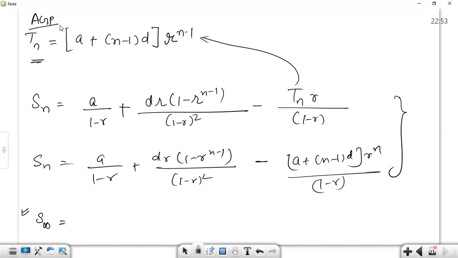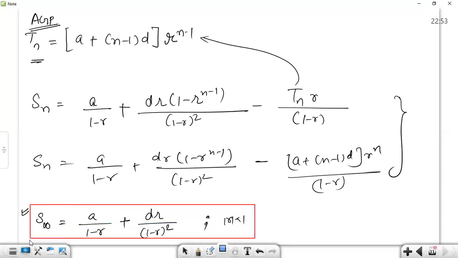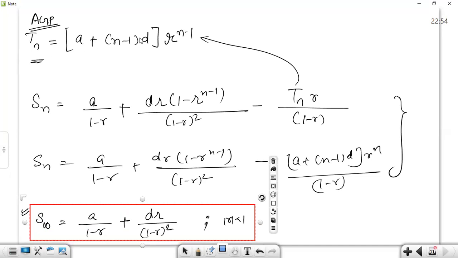For infinite terms, it is a divided by 1 minus r, plus d into r upon (1 minus r) square. And here the r, the common ratio, has to be less than 1, as in GP. Then only we'll be able to find the sum of infinite terms. This is important.